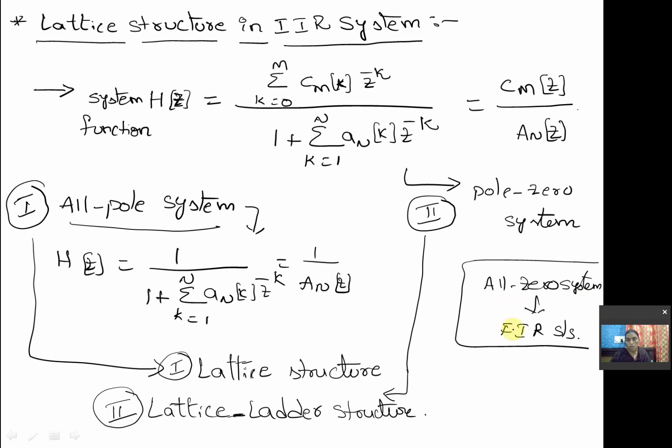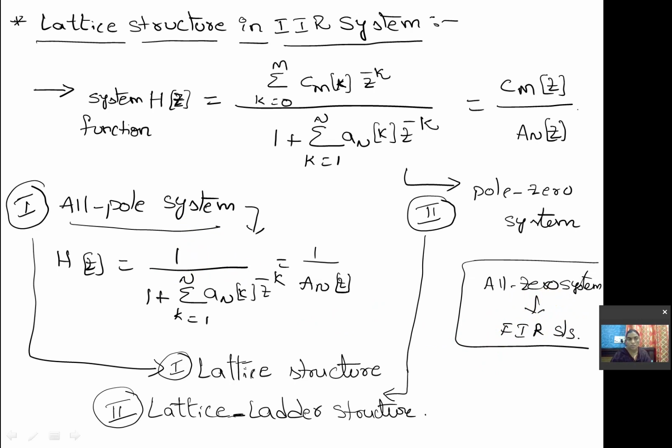So by taking the all pole system input output relationship and converting it into the all zero system, from the knowledge of the all zero system or FIR system lattice structure realization, we realize this all pole system.